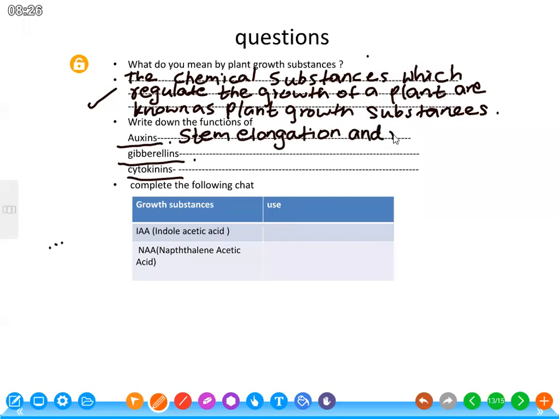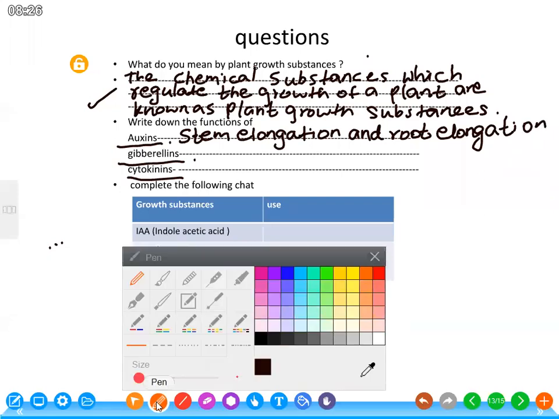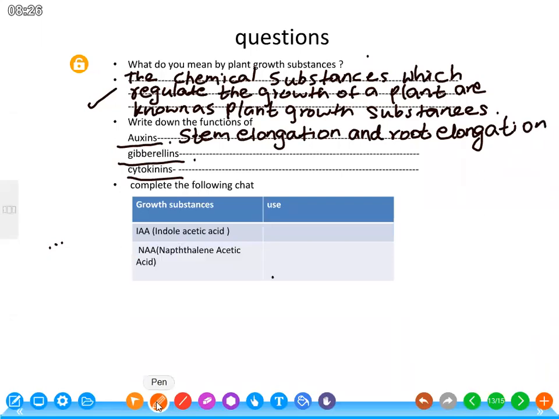Okay. Second one, gibberellin stimulates seed germination.